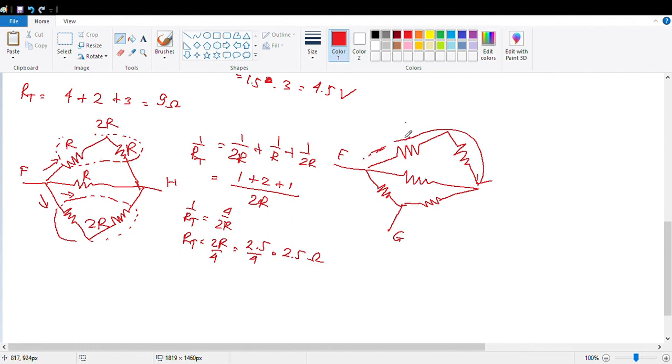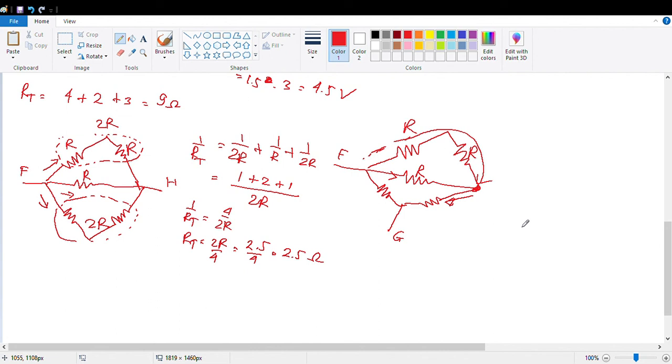So R and R become 2R, and parallel with this one. After that, it joins here, right? So later add with this one, in series with this one. At the end it is parallel with this one. Know how to count it.